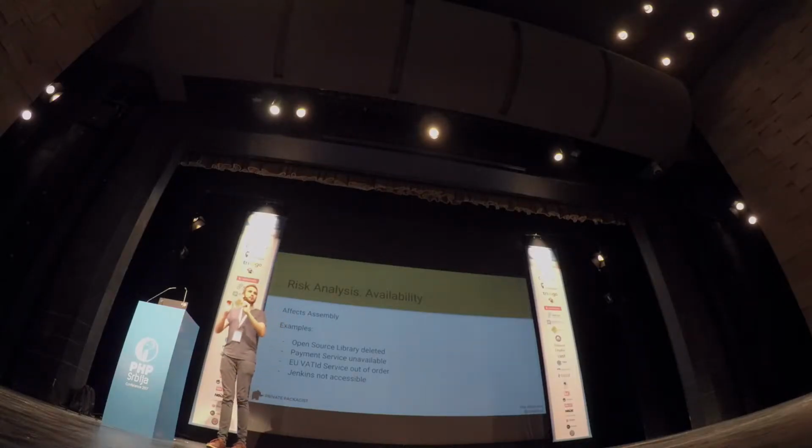So if the author is hosting this on GitHub, your Composer install relies on GitHub being available in order to install this library. And the open source author can submit anything, so it could be their self-hosted Subversion server somewhere. Right? So it's important for you to analyze this type of risk, and see what availability we actually depend on for our processes to work.